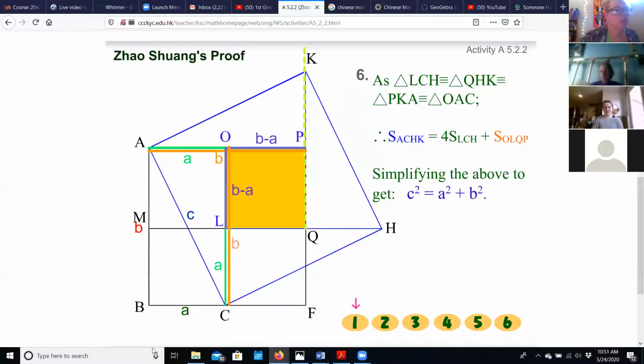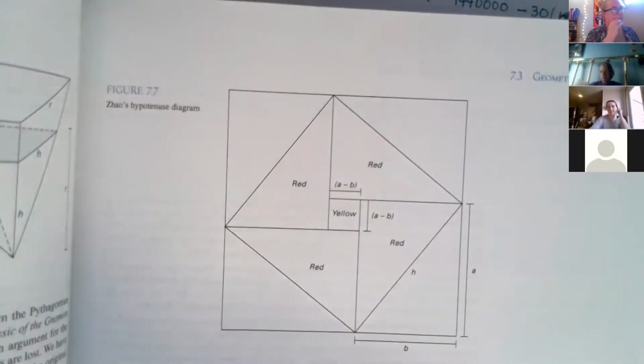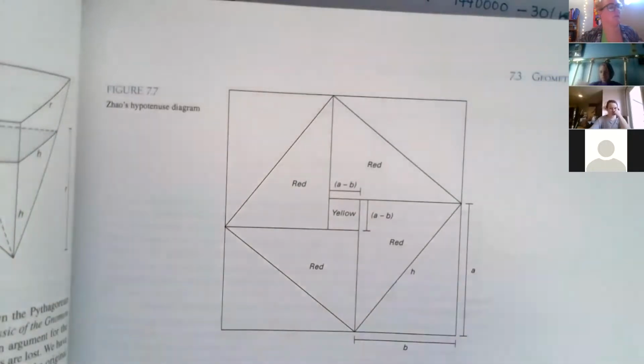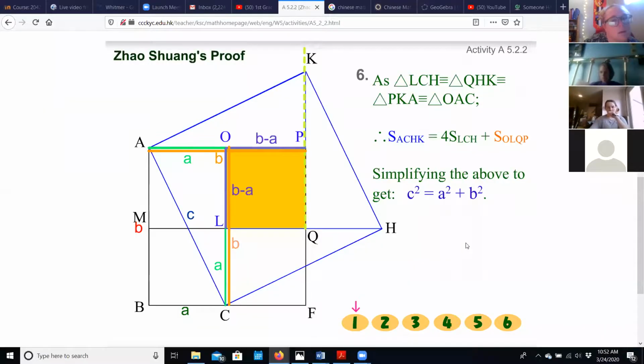So let's go back to that picture in the book. This is obviously a flipped version of what was online, but we can see there's the yellow box, and there's your picture, and those are going to be your red pieces.